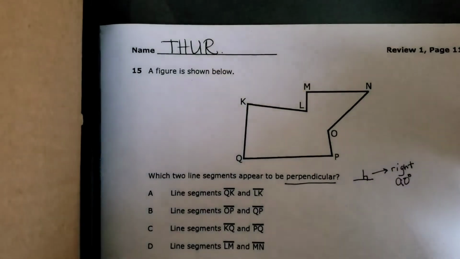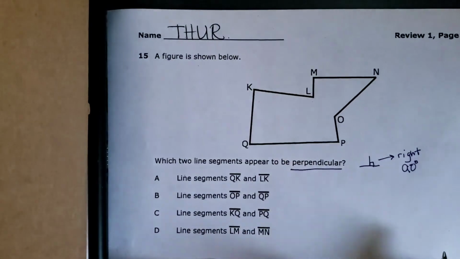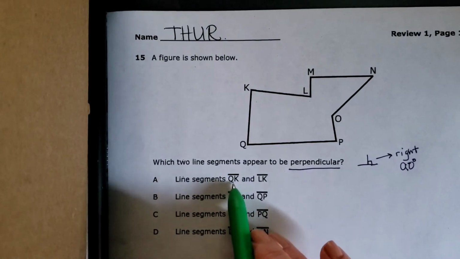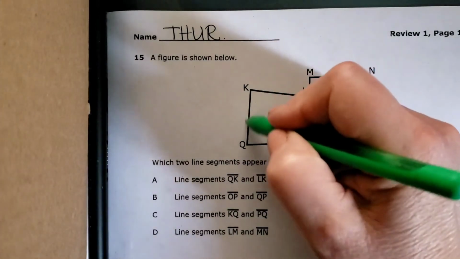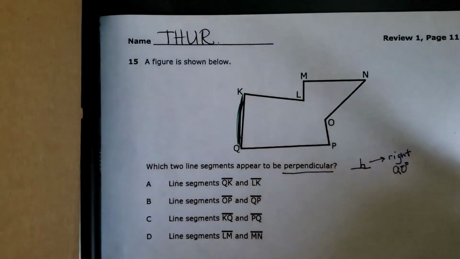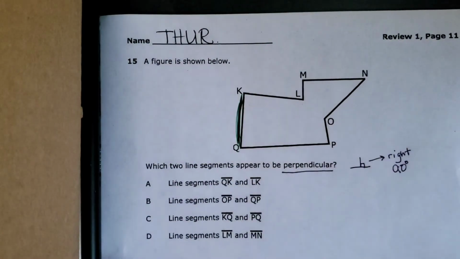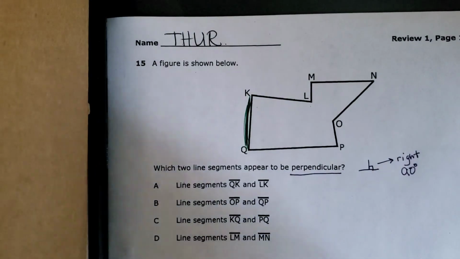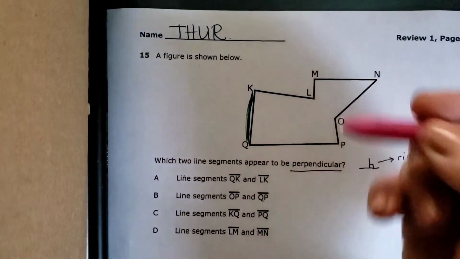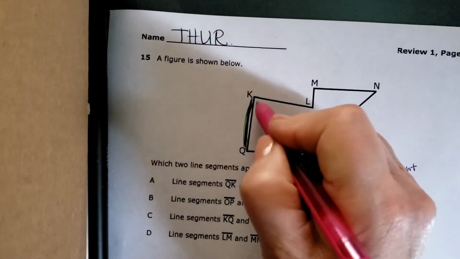So you're going to go ahead and, if you have different colors, let's just do the first one together. Line segments QK. So I'm going to kind of color this one in green. That's QK. And I'll get my pink over here, and let's find LK. So LK is going to be right here.